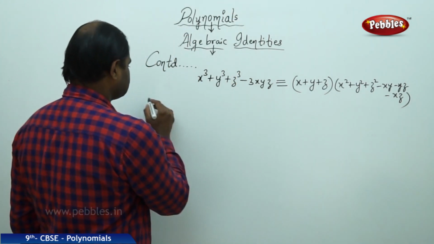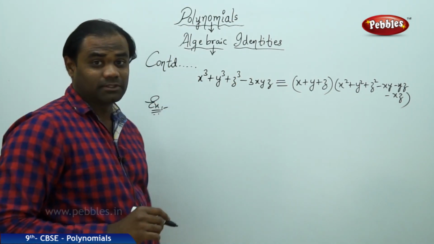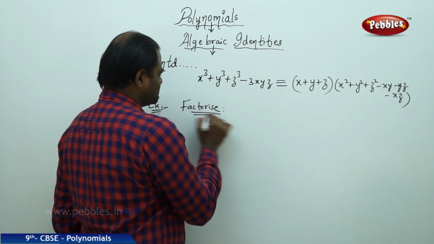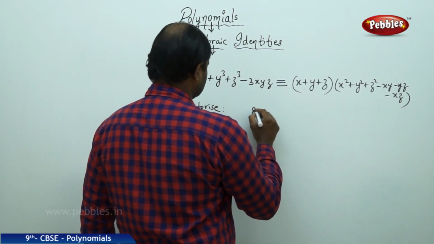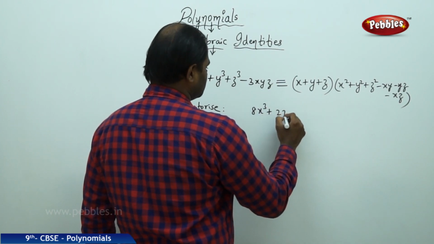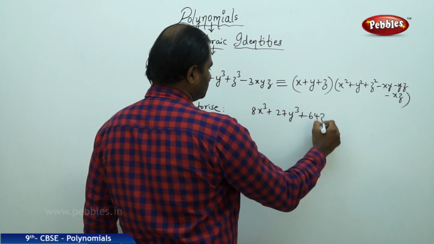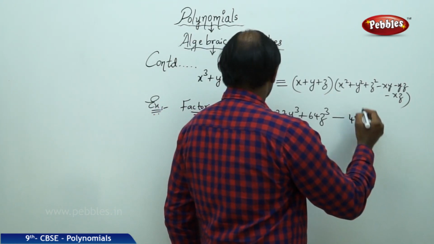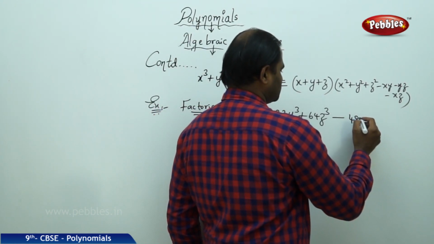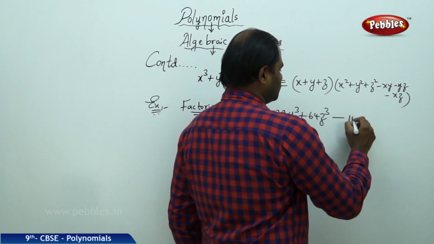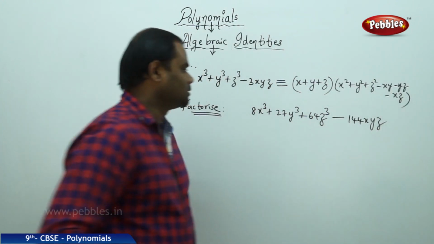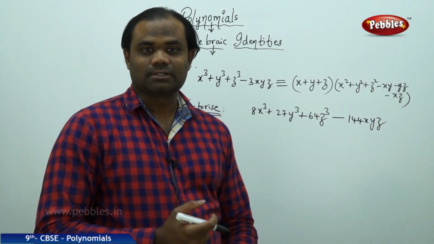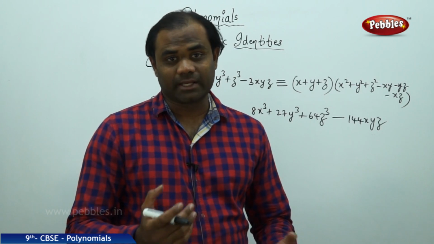Say for example, I have a problem which says factorize 8x cubed plus 27y cubed plus 64z cubed minus 144xyz. That is the given problem, and I would like to factorize this given polynomial in three variables x, y and z.